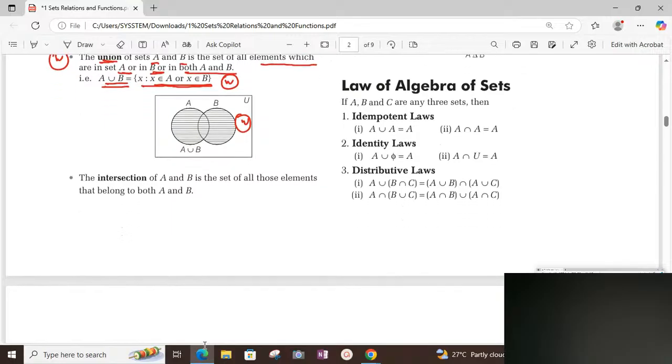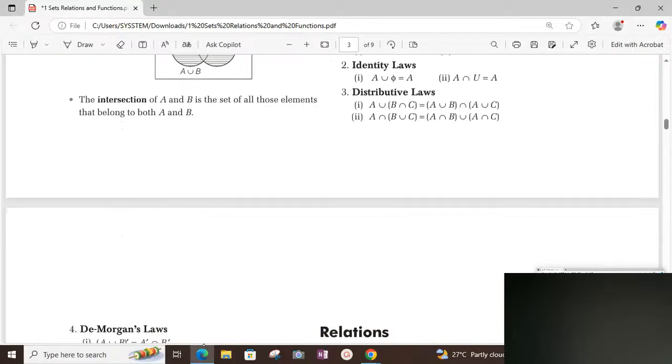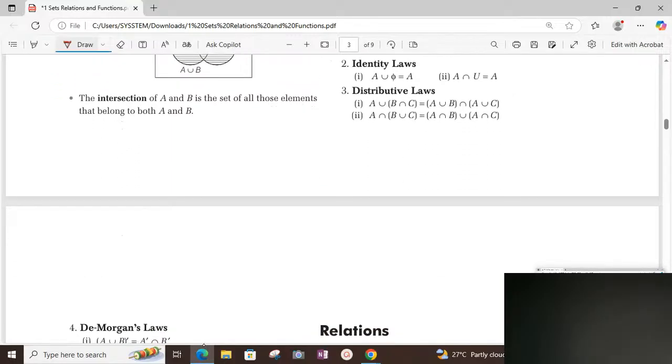Let's see the intersection. The intersection of A and B is the set of all those elements that belong to both A and B. It is a kind of set and is generally denoted by this symbol.